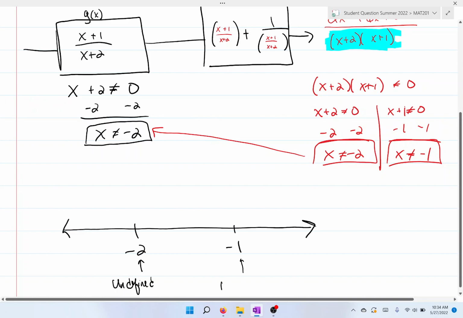When x is -1, it's undefined again. So what are those intervals where all the valid x values are? Well, that's going to be from -infinity all the way up to -2, not including -2. Then in between -2 and -1. And finally, -1 to infinity.